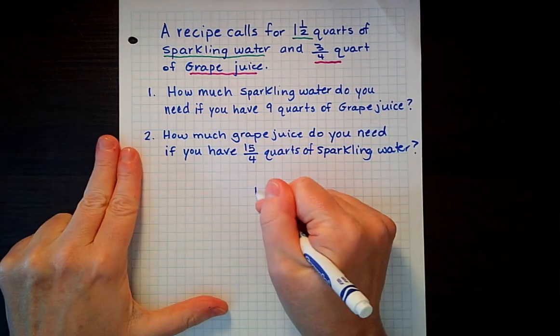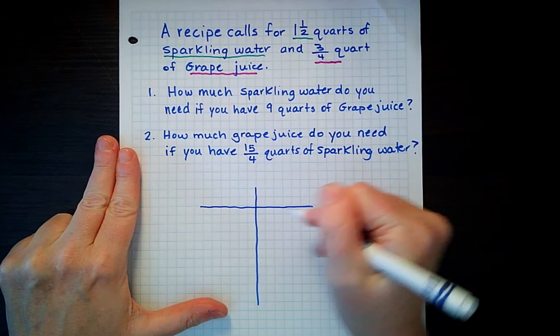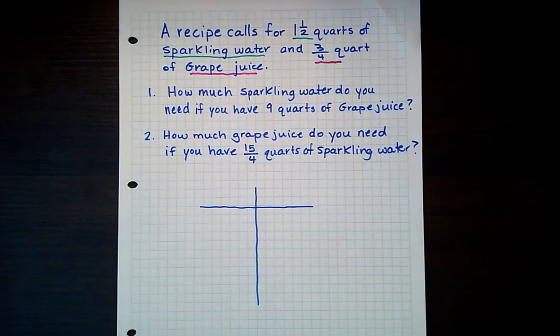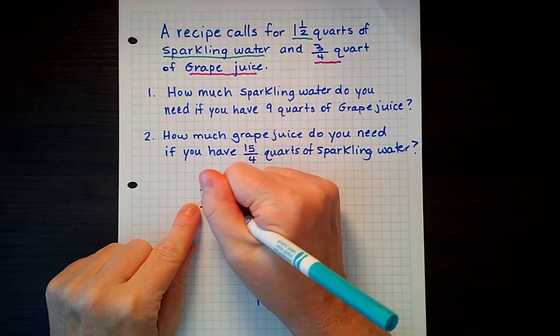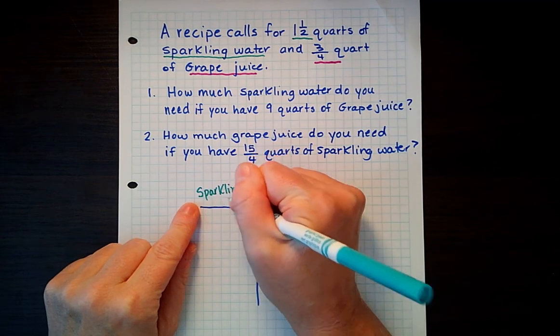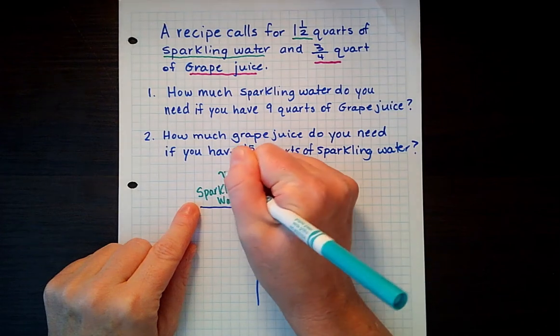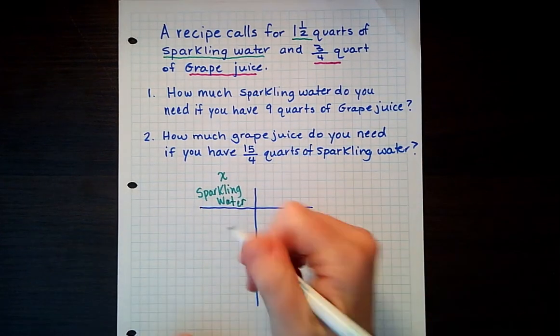So I'm going to make a table. I'm not even doing any of my question yet. I'm just going to make a table because this is what we've been working on: proportional relationships, creating tables. I'm going to put sparkling water over here. For those of you who don't like to write, you could just write SW. This is my x-axis, and I have 1.5.